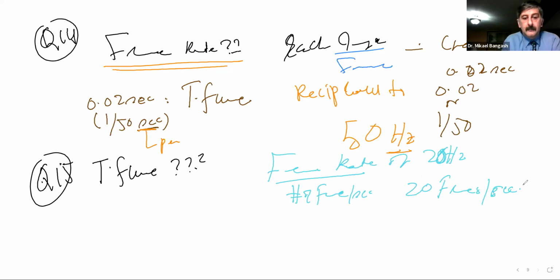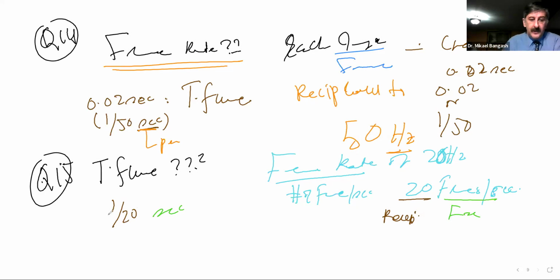Did that make sense? So the only thing that you need to do is find the reciprocal of the number 20. That will be 1/20. Clear, okay? Since this was the unit of frequency, the reciprocal for that will be the unit of time, which will be seconds.